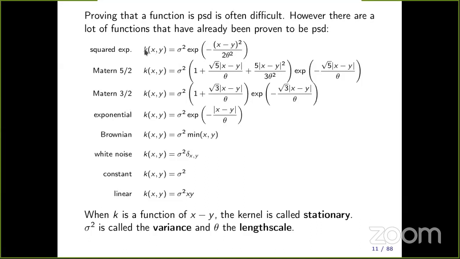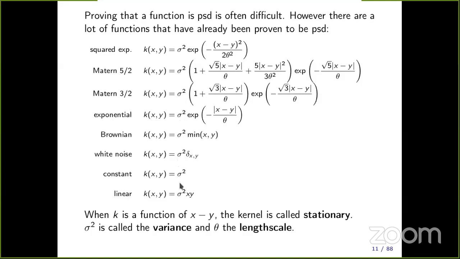So this just says that k of x,x is going to be sigma square. And k of x,x is, by definition, the variance of the Gaussian process at the location x. So for all these covariances up to this one, the parameter sigma square can be directly interpreted as the variance of the Gaussian process at any point in the space.